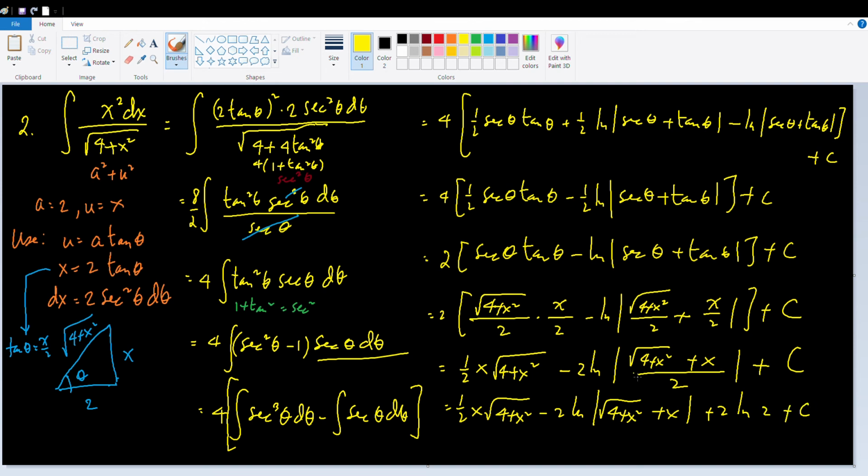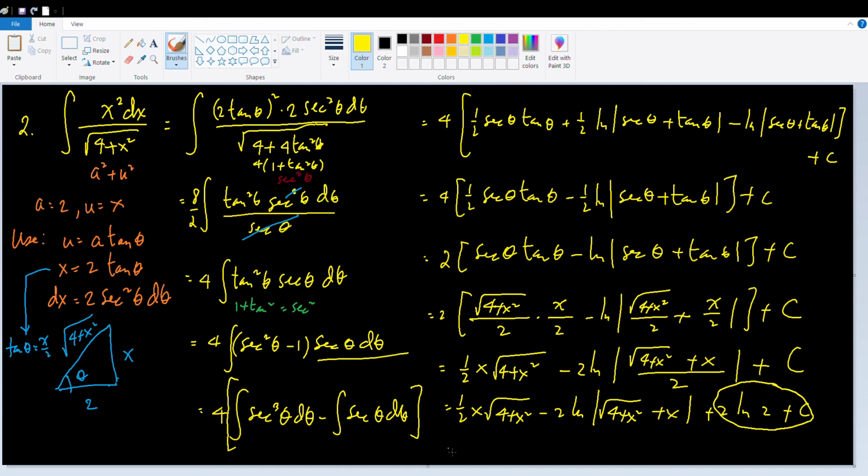Okay, ln of a quotient is the difference of the ln's. So there's a negative sign. We distribute the negative sign. So 2 ln of the square root of 4 plus x squared plus x, minus 2 times the negative of ln of 2. But ln of 2 is a constant and it adds to the other constant c.